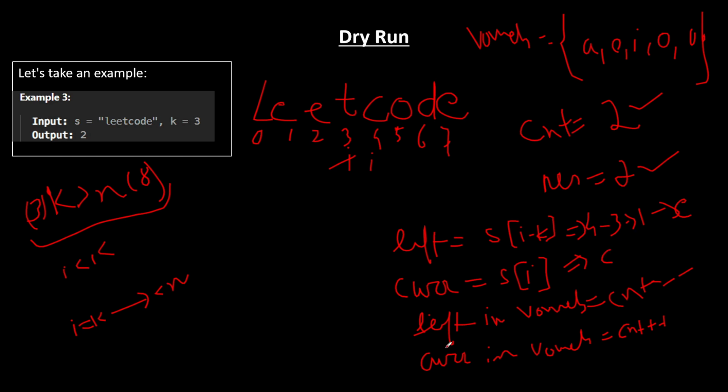So we are throwing a vowel out of the window, yes, we have E in our vowel set. So count will be decremented, so count will become 1. And C, the upcoming character, is not a vowel, so count will stay 1. And result compared to count, 2 is still maximum over 1, right? So it will be 2. Fine.